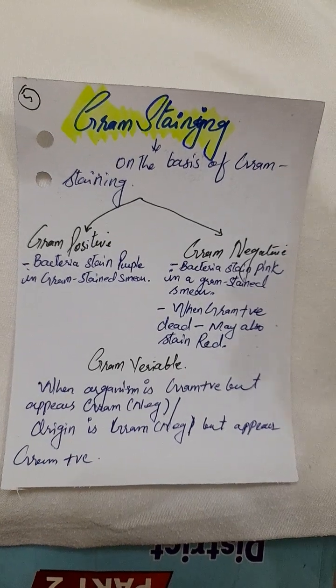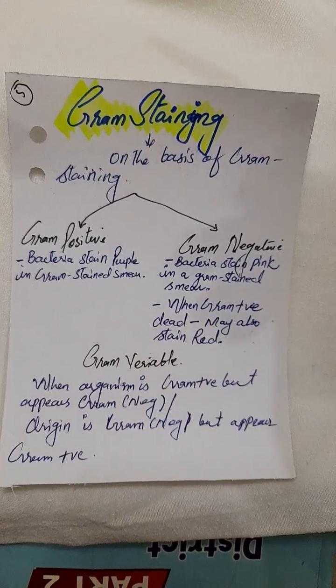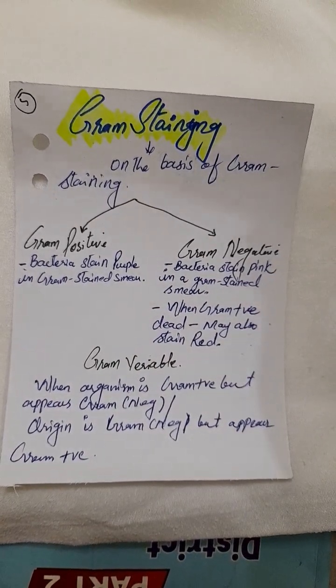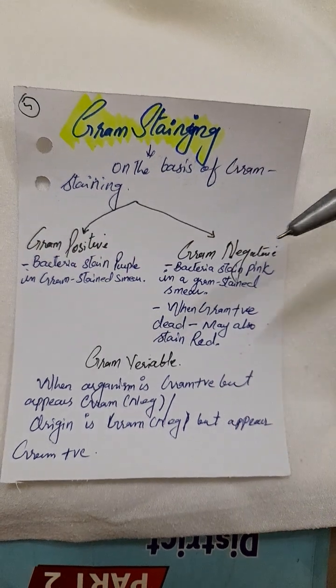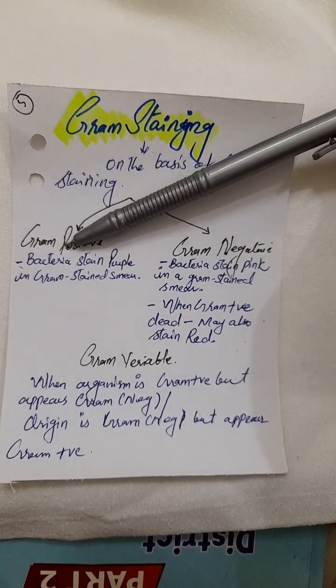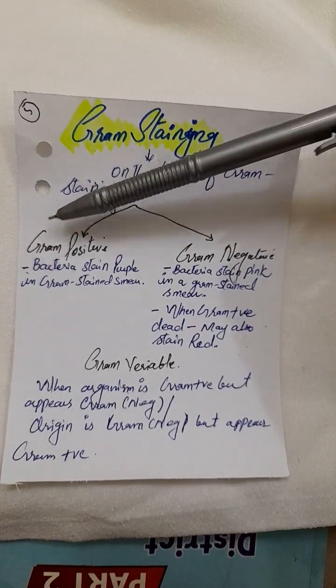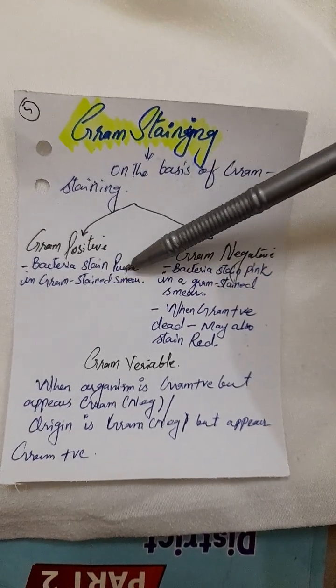The second type is on the basis of gram staining. There are basically two major types: gram positive and gram negative bacteria. Gram positive bacteria are those that stain purple in the gram stain smear.